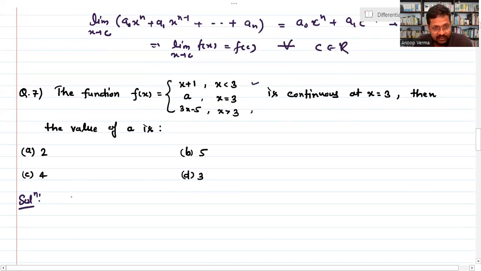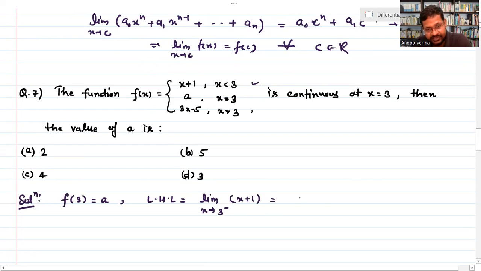So you know that the value of the function at the point 3 is given as a, and you calculate left hand limit or right hand limit, because the limit must exist for continuity. So I'm just calculating the left hand limit. This will be limit when x tending to 3 minus of x plus 1. Okay, and putting 3 here, 3 plus 1 is just equal to 4.